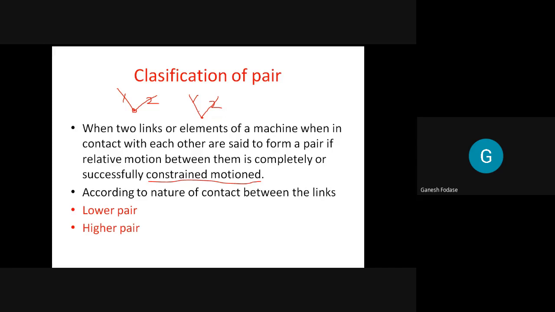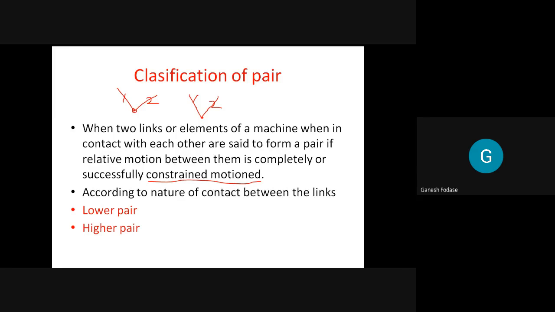Now see, when you said it is not a pair, how many links are there in this example? Can I treat it as two links? One. What is a link basically?